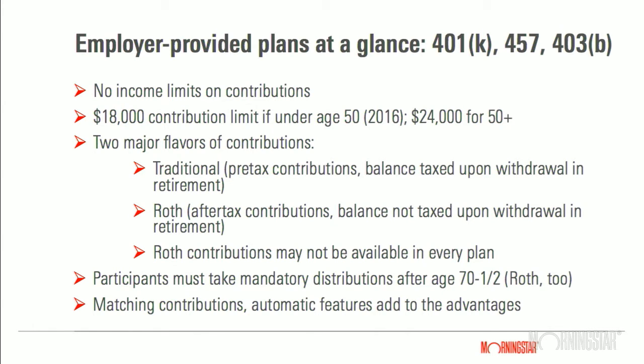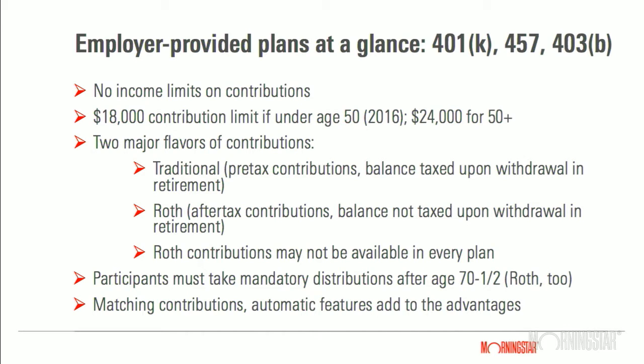And there the tax treatment is basically the exact opposite. So you do pay taxes on your contribution, you're putting after-tax dollars into the plan, you're enjoying tax-free compounding on your money, and then the withdrawals in retirement are tax-free as well. So those are the two key flavors.